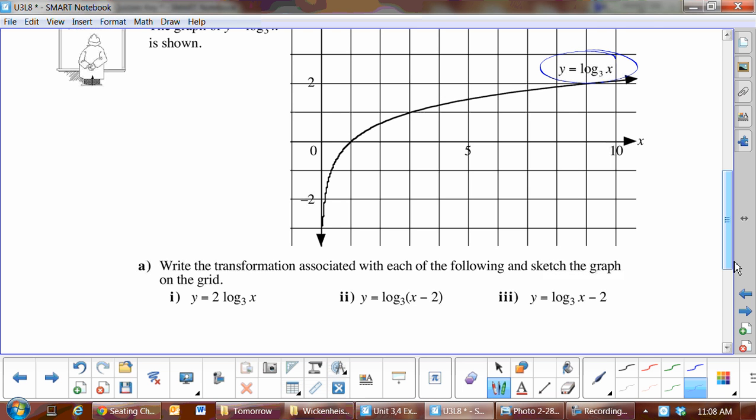Y equals log 3 to the x, y equals 2 log 3 to the x, y equals log 3x minus 2, and y equals log 3x minus 2. And they would ask, which ones would not result in a change in domain or range? Okay?